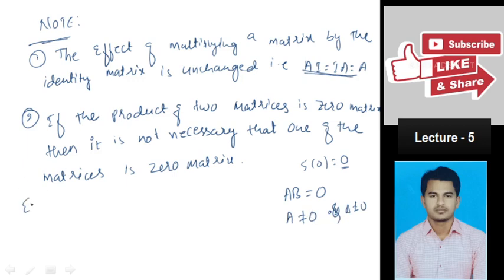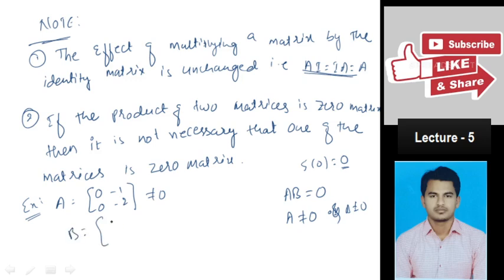Take down an example regarding this note. A is equal to the matrix 0 minus 1 0 minus 2. It is not a zero matrix. What is meant by a zero matrix? Every element contains 0, that is called a zero matrix. Now this is not at all a zero matrix, it is a square matrix of the same order.